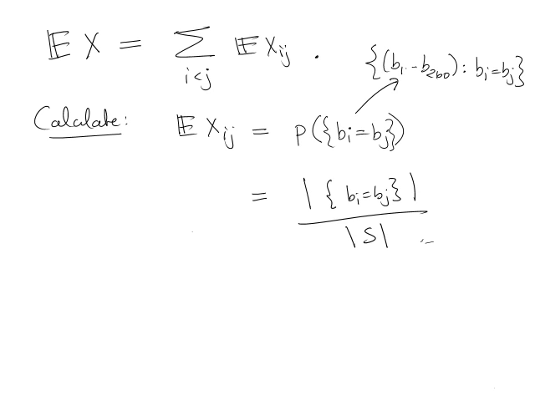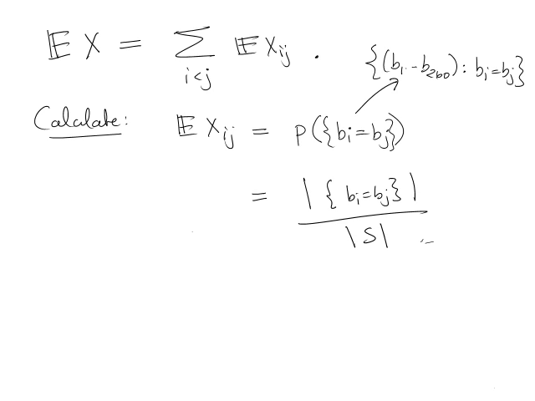And now I'm going to go back to counting. So how do I generate a tuple of birthdays with the property that bi equals bj? Well, I choose bi. There are 365 ways to do that. That fixes bj. I don't have any choice for bj.